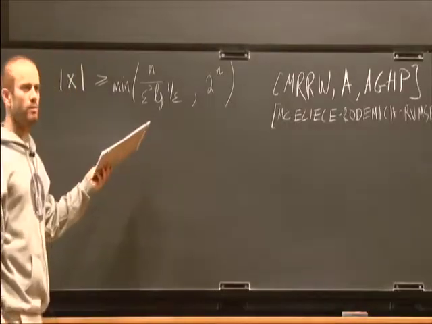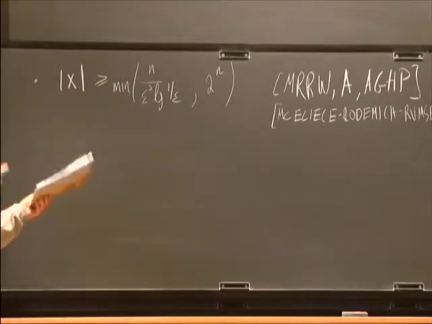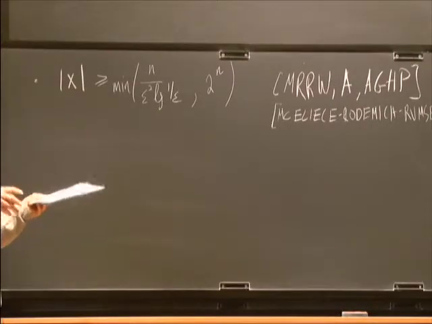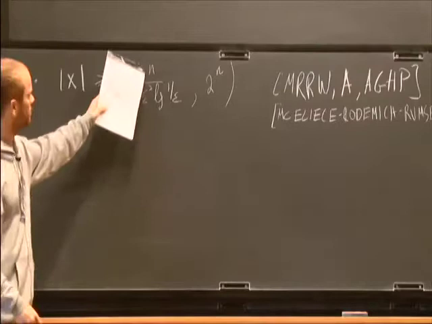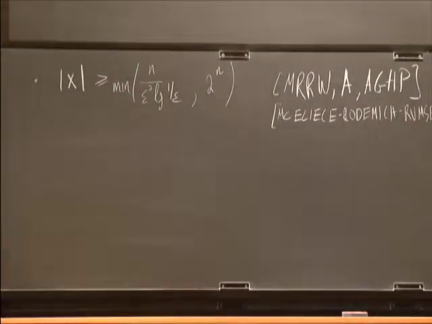And last time there was this trick of taking a matrix and raising it to some power, which gives a lower bound on the rank. This is the way Noga Alon proved this lower bound.